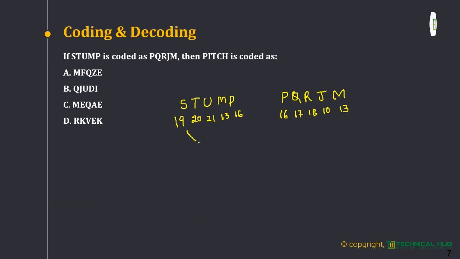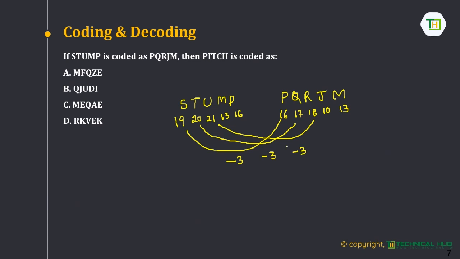S is changed to P, meaning subtracting 3. T is converted to Q, subtracting 3. U is changed to R, also subtracting 3. M is changed to J, minus 3. And finally P is changed to M, subtracting 3. So the logic is minus 3.